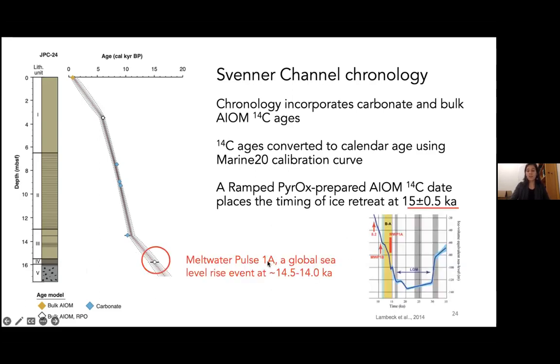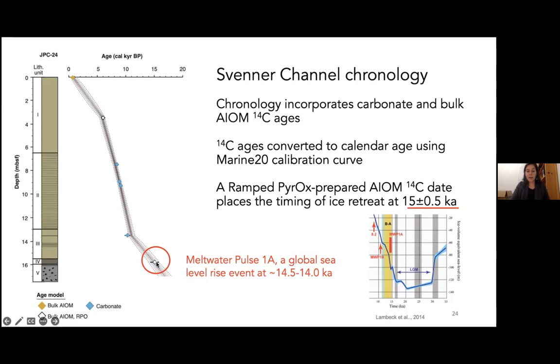And so this is roughly coincident with Meltwater Pulse 1A, taking into account the error here. I think this is very compelling.